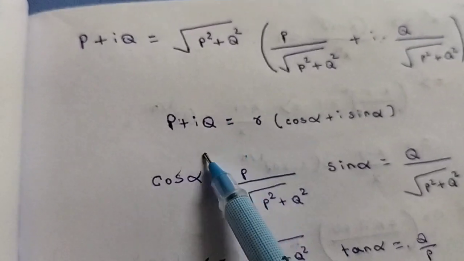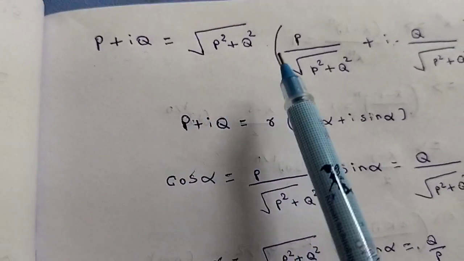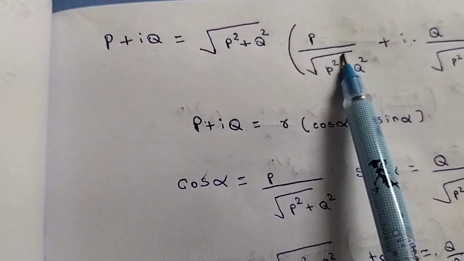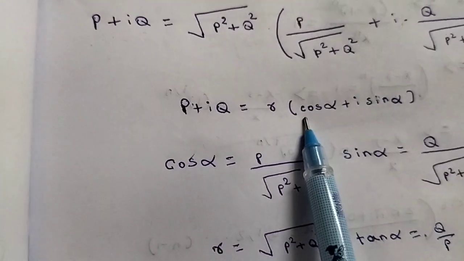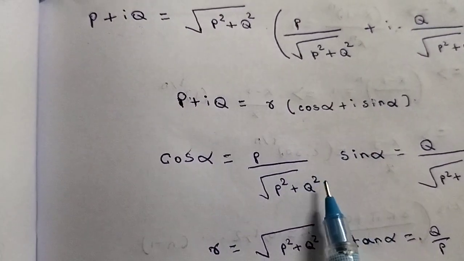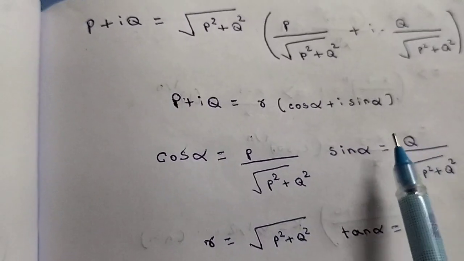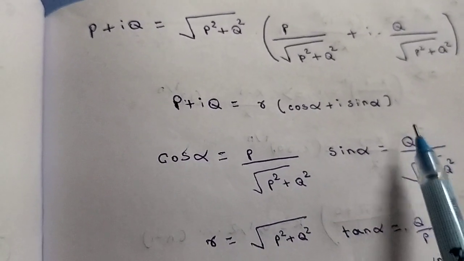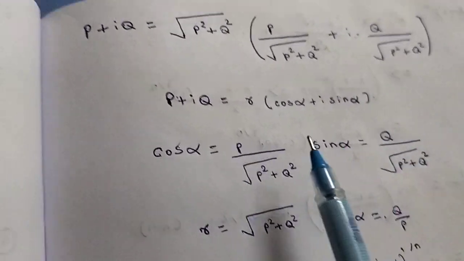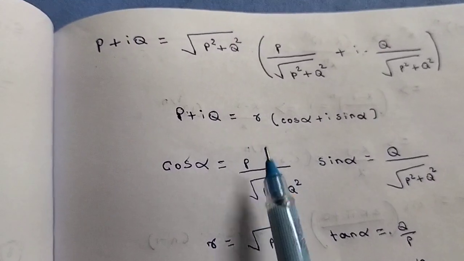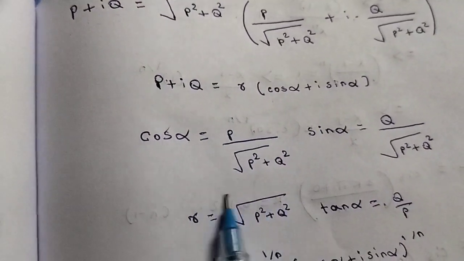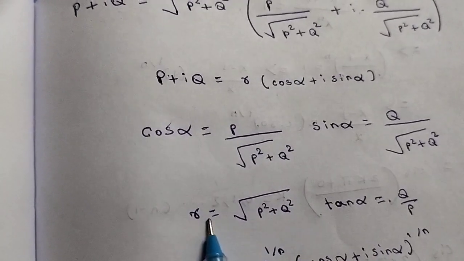For a simple explanation, I am considering cos alpha as p by the square root of p² + q², and sin alpha as q by the square root of p² + q², and I am considering the multiplied term as r.